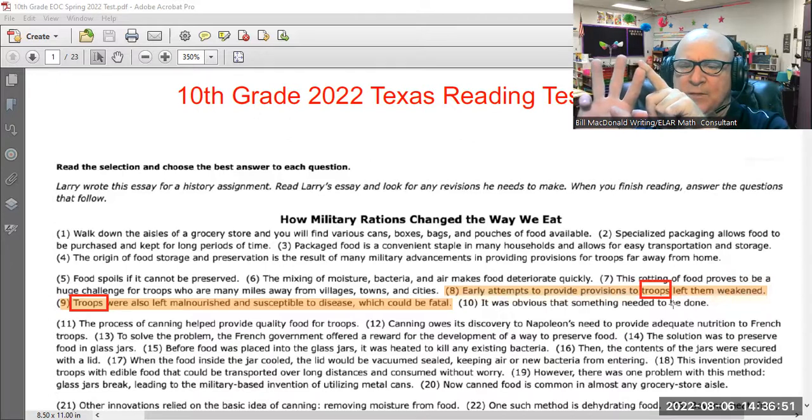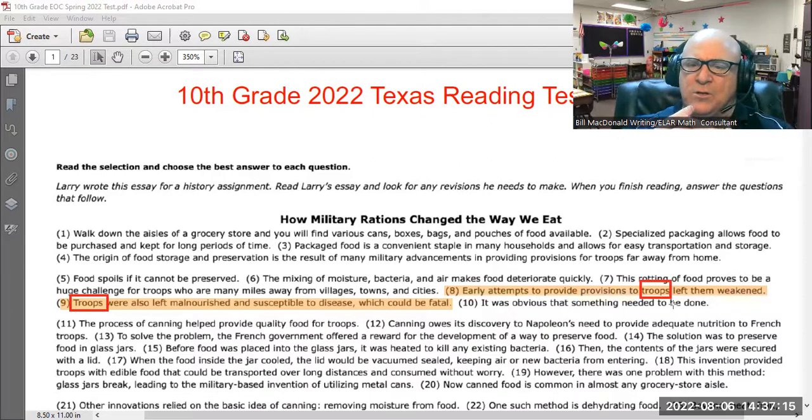And that is what we're going to call a result of something because they're not getting provisions to them. So sometimes every action causes an equal and opposite reaction. So an action causes a reaction, which causes another reaction.